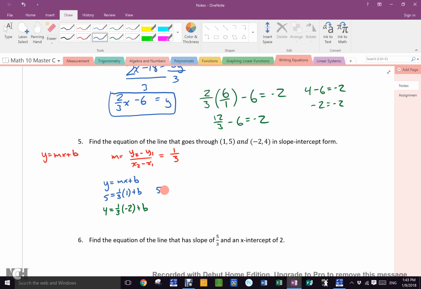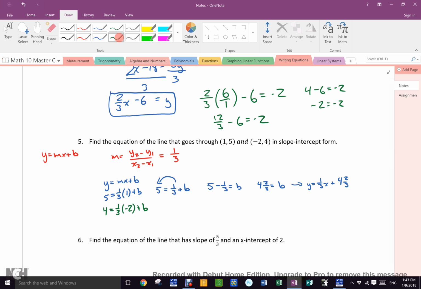Well, you guys are smart kids. What's 5 take away 1/3? 4 2/3. Everybody cool? Which means if I finish off the blue version, y equals 1/3 x plus 4 2/3.